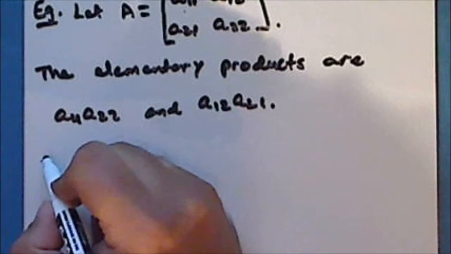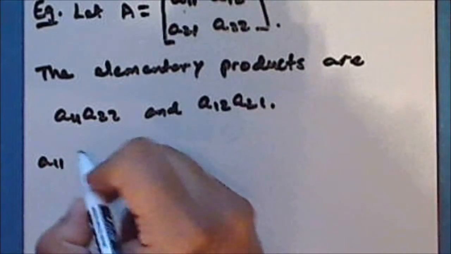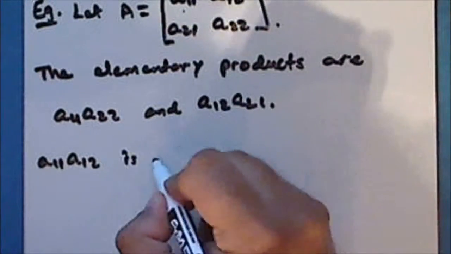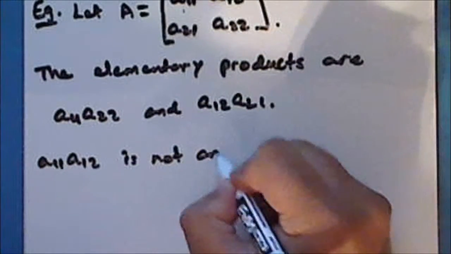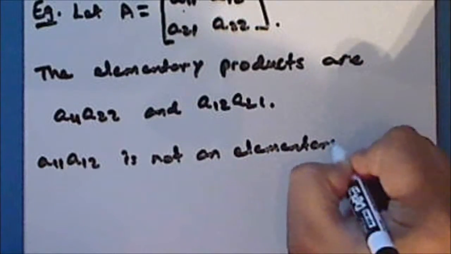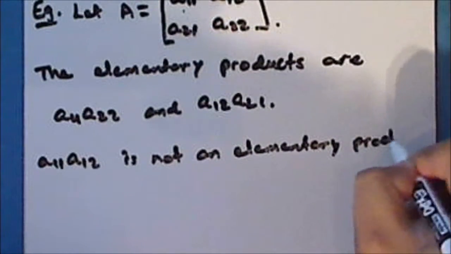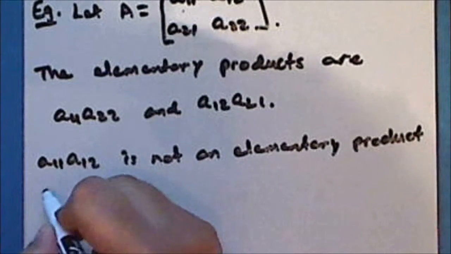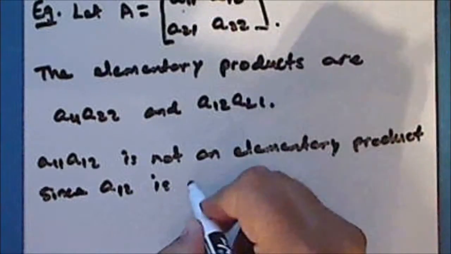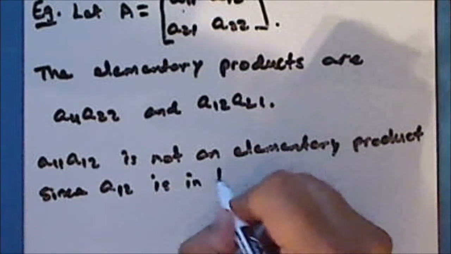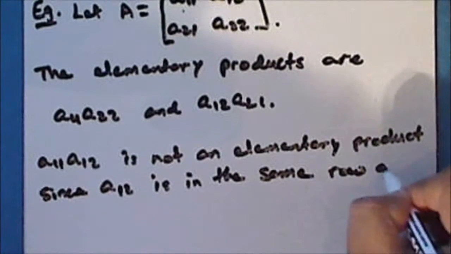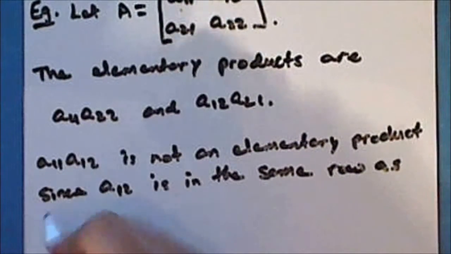So notice that A sub 1, 1 times A sub 1, 2 is not an elementary product, since A sub 1, 2 is in the same row as A sub 1, 1.